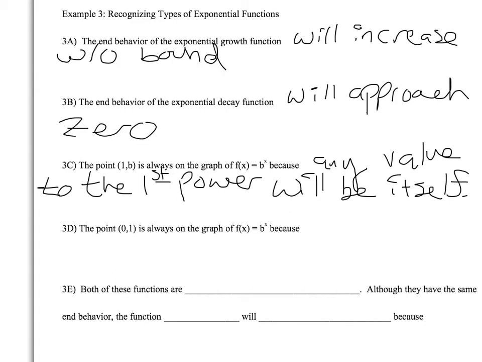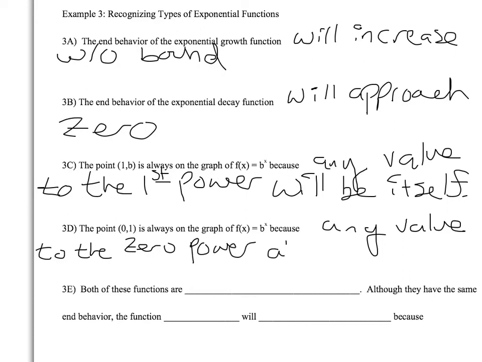The point 0, 1, if you look at both of those, will always be on the graph, and the reason is because any value, remember the x is the power, so any value to the 0 power always equals 1.